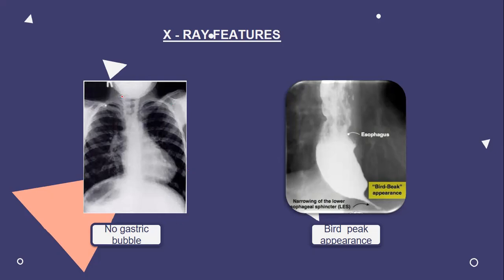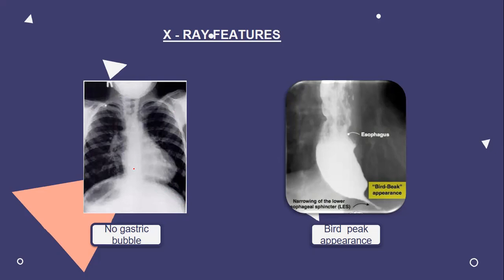So when we have a chest X-ray, a thorax X-ray, it's normal to have the gastric bubble here, which is darker than usual. We would have air up here in the gastric chamber.